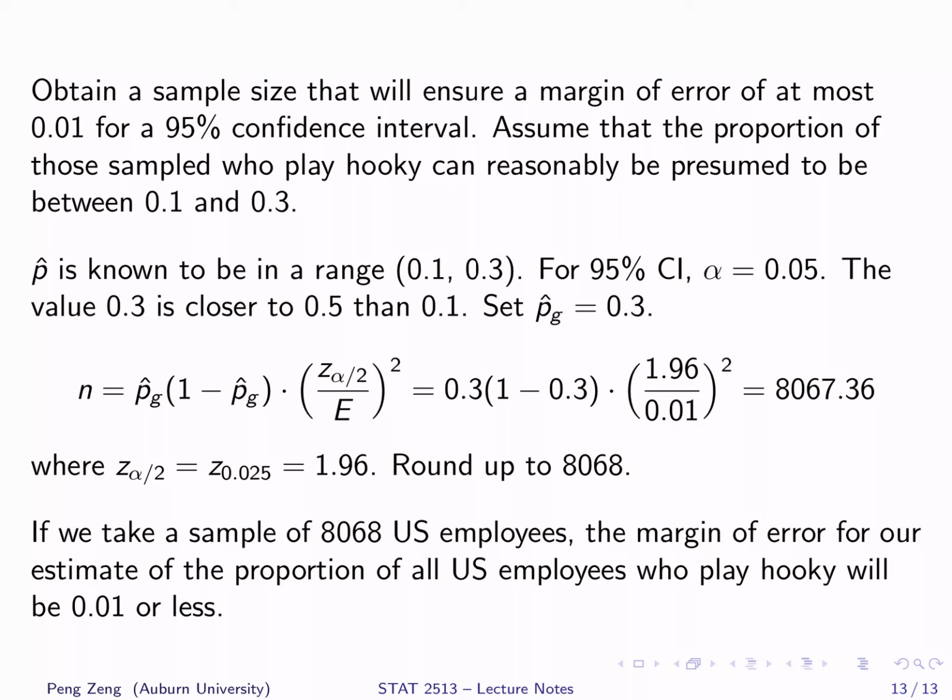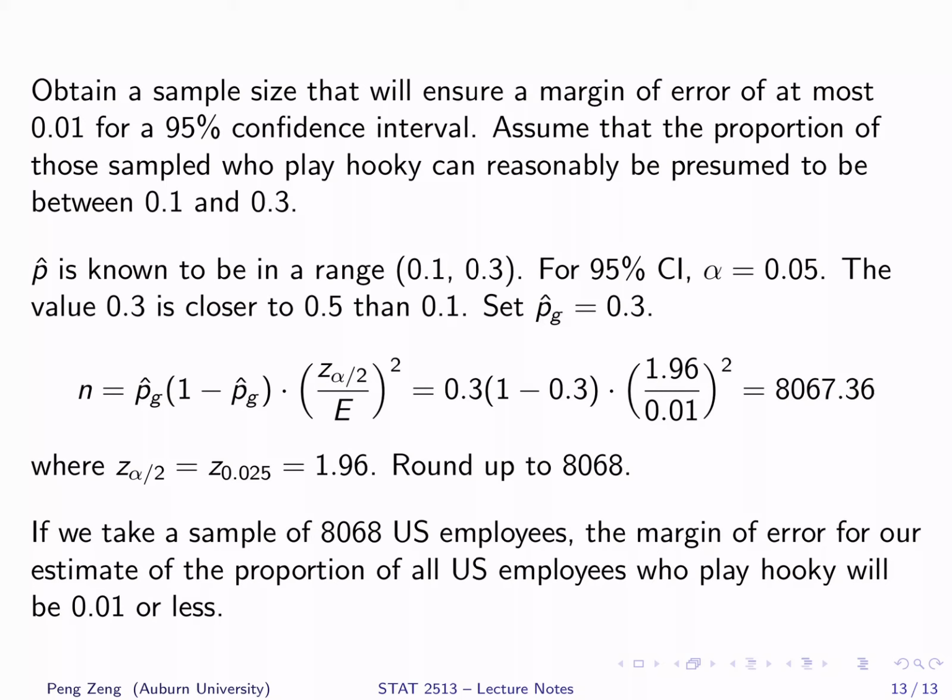In this problem, p hat is known to be in a range of 0.1 to 0.3. Notice that the value 0.3 is closer to 0.5 than 0.1. Therefore, we use p g hat equals 0.3 and use the second formula to calculate the sample size.